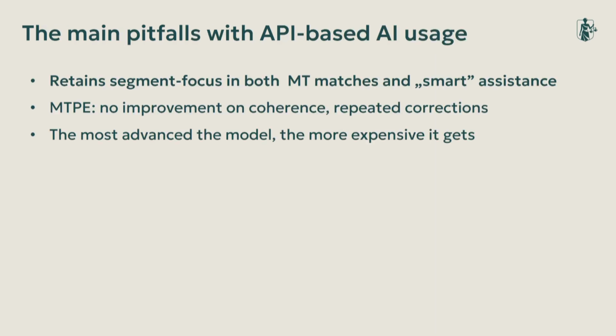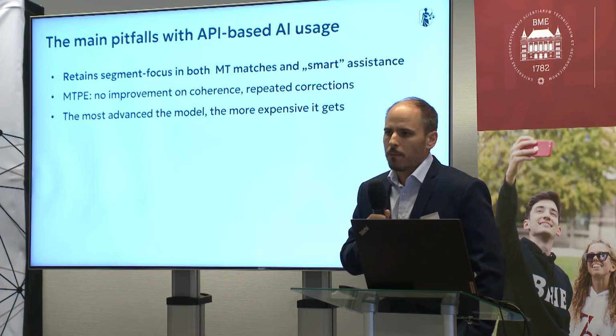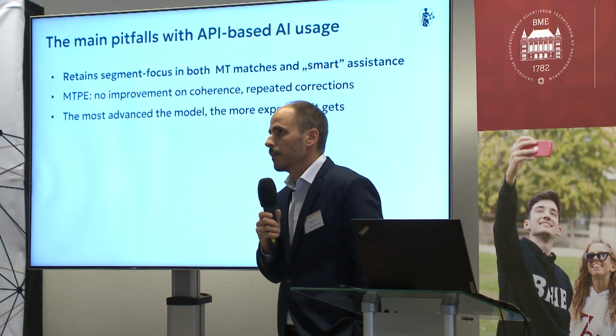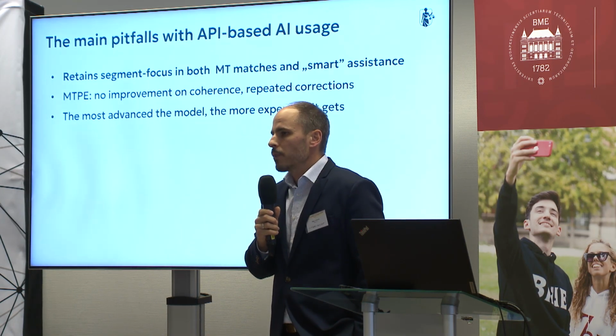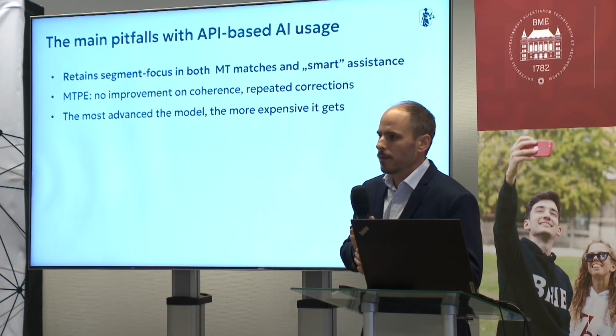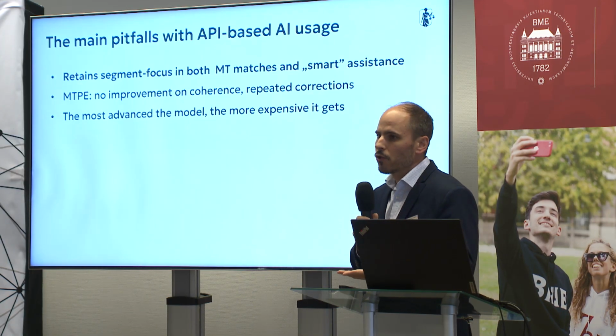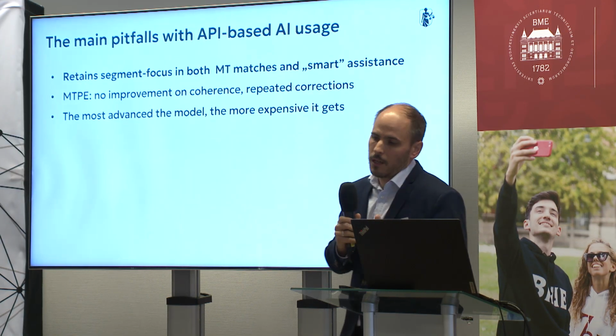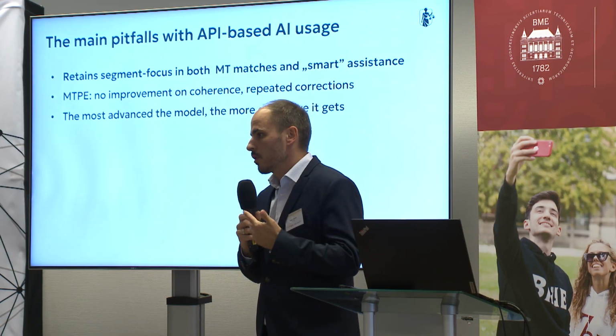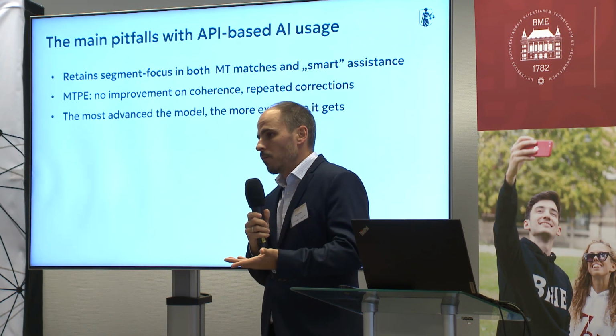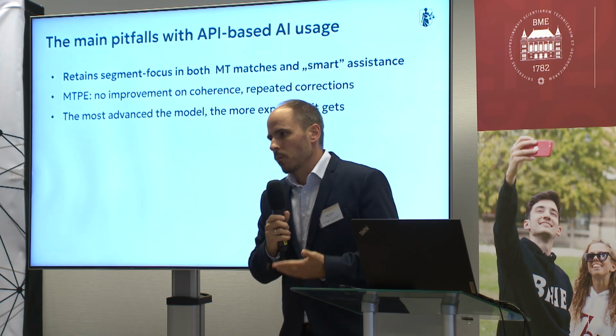Okay, so let's see the main pitfalls of API-based AI usage. Whenever we speak about using AI, in my view, there are two kinds of use cases. So either you use the chat box in a conversational style, you ask questions, you interact with the model through conversation. That's the most typical one.